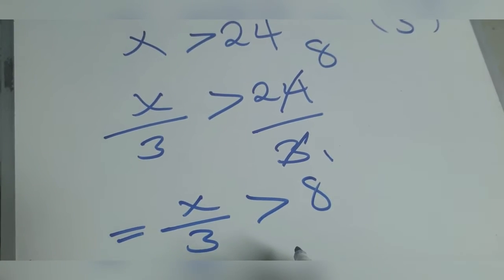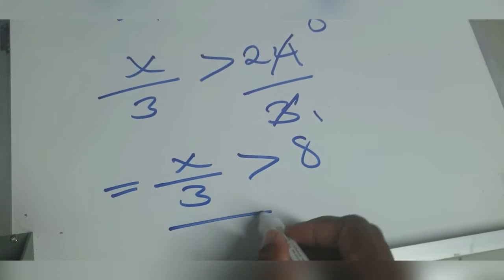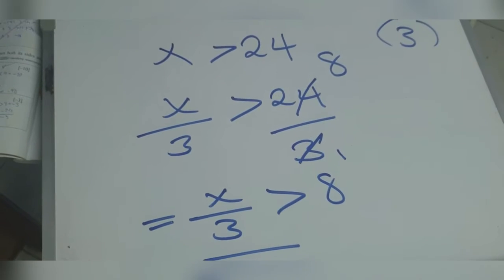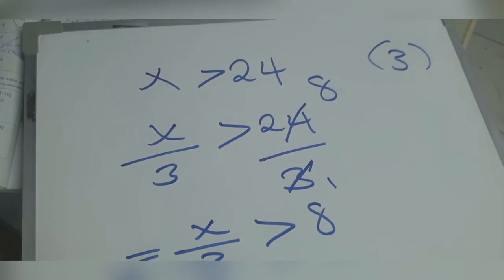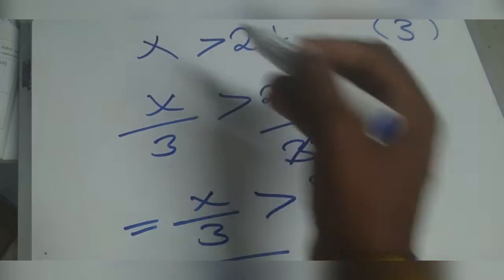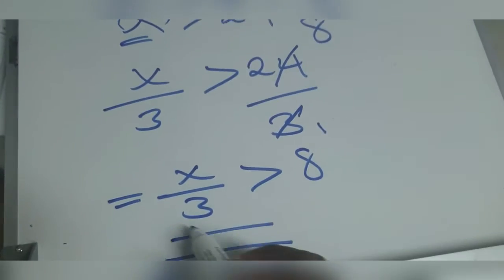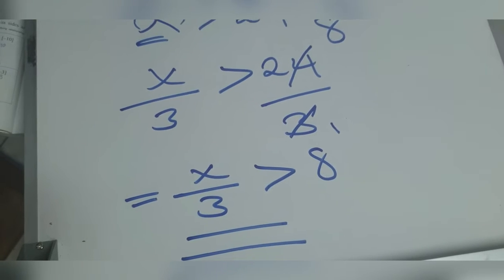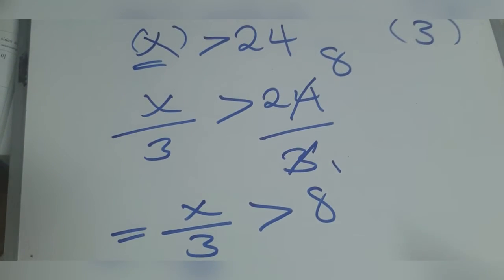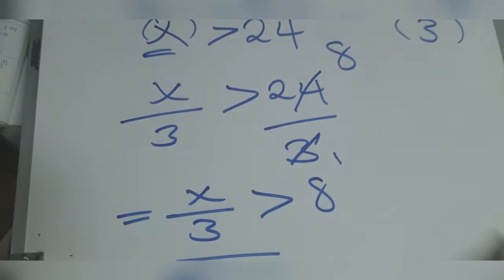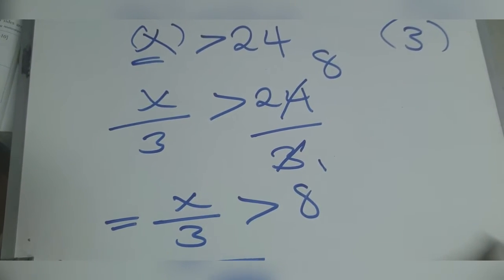We are going to leave our answer at that, okay? That is how you do the one that has a variable. You leave your answer like this. So can you try part B, D, and E? When you finish, you continue on part 5.